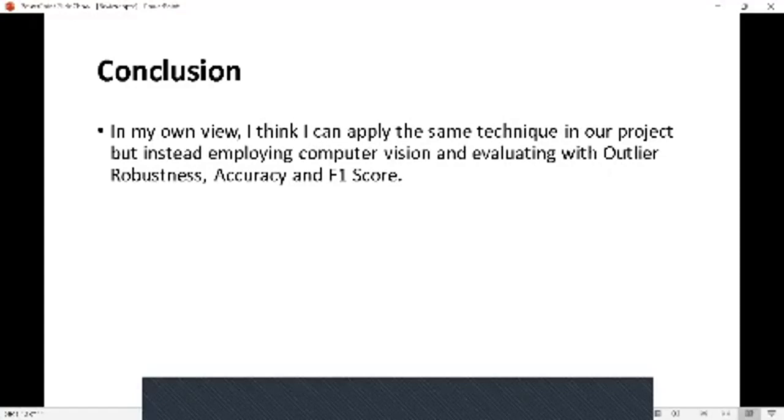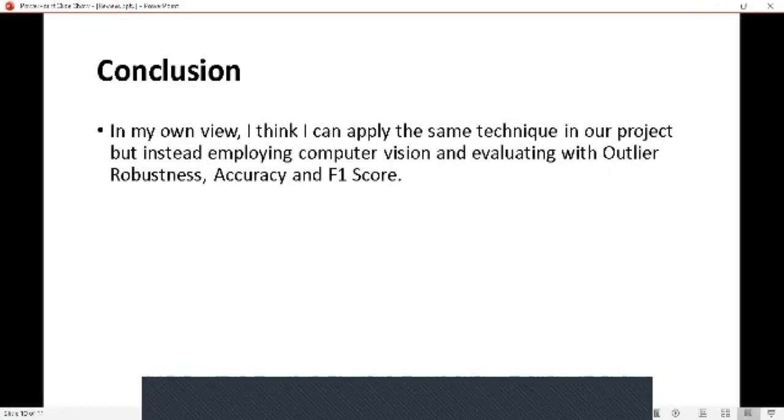And of course, we shall try other evaluation metrics in order to determine whether the models we are using can give the most accurate result.